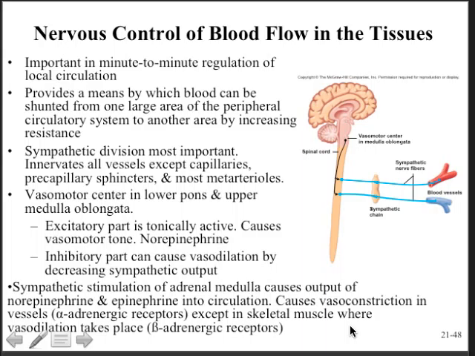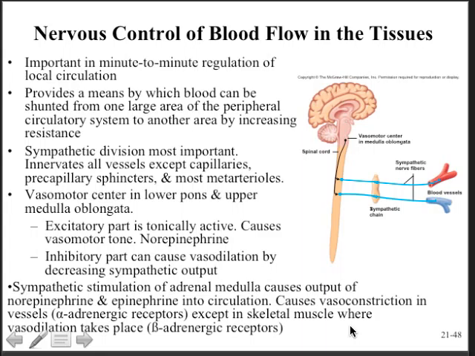Sympathetic stimulation of the medulla causes more epinephrine and norepinephrine to be excreted into the blood, and this causes vasoconstriction in blood vessels via alpha adrenergic receptors, and not so much in skeletal muscle where vasodilation takes place as a result of interaction with beta adrenergic receptors. And this kind of makes sense, right?